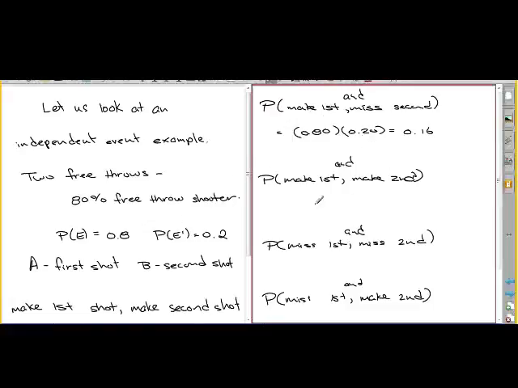So 16% of the time you're going to make the first and miss the second. Now, to make the first and make the second, the probability of making the first is 0.8. The probability of making the second is 0.8. So the probability is 0.64. So 64% of the time, this guy's going to make both free throws.